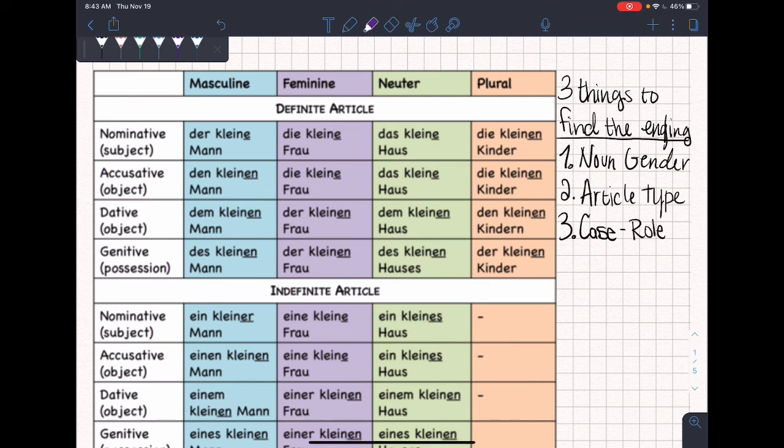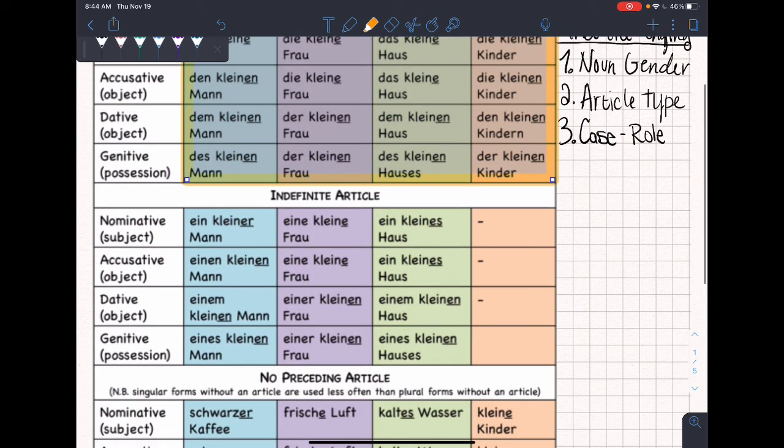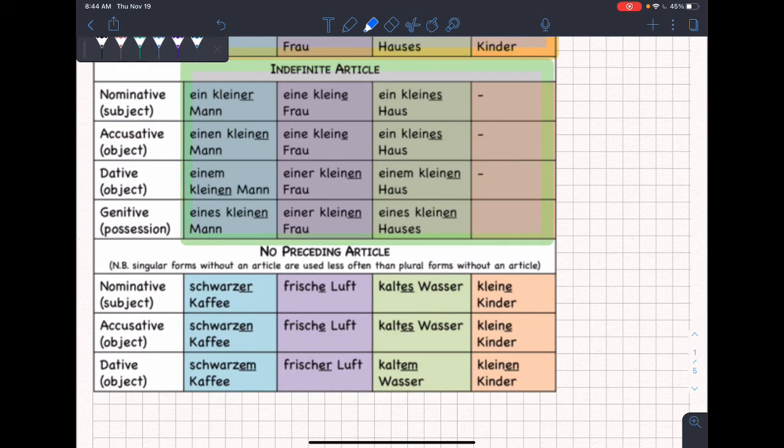So first, in this table, we see our genders up here at the top. Then we can see our article types in each of the three tables. There's definite, indefinite, and none.